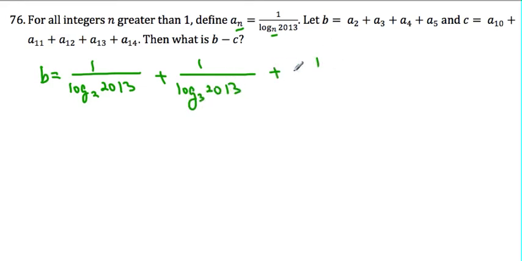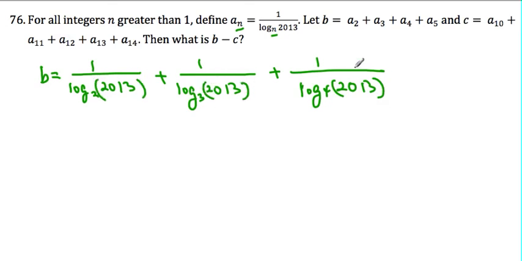Next one is 1 over log base 4 of 2013. And then the last one is 5, so we have 1 over log base 5 of 2013.